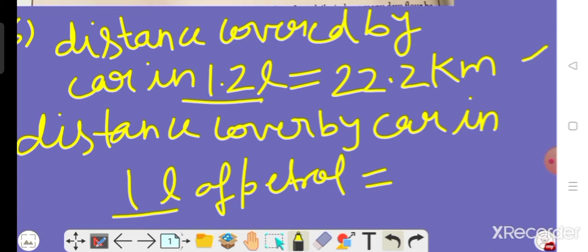So here we also divide 22.2 kilometers by 1.2.